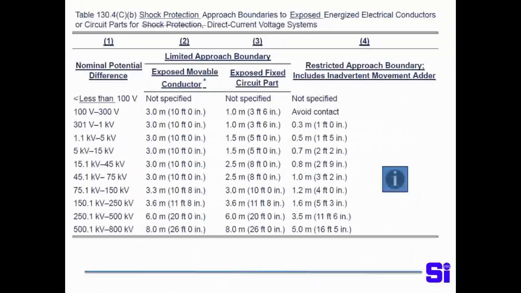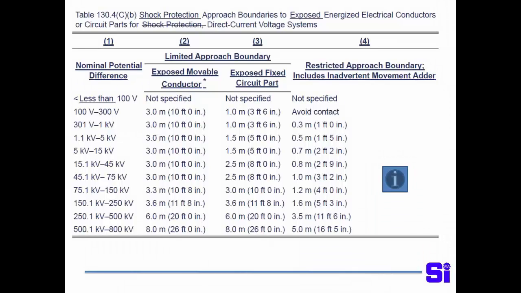Now, the NFPA 70E correlating committee, that is the committee that's above the 70E committee, has sent this back to the technical committee, the 70E committee, to reevaluate. And there are several problems.